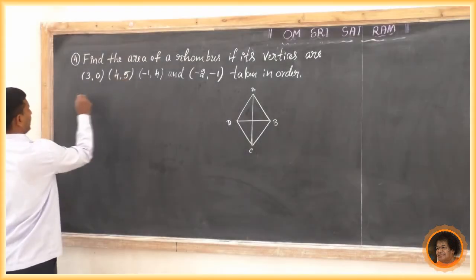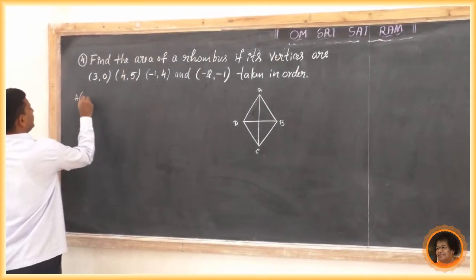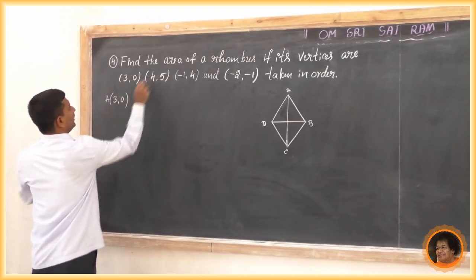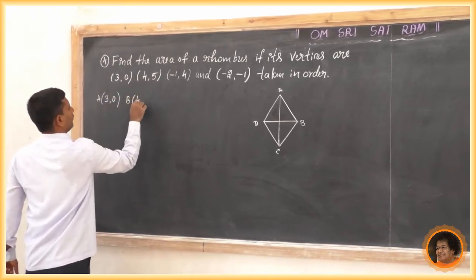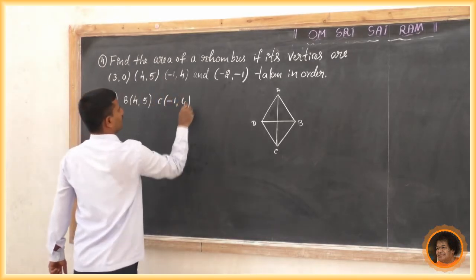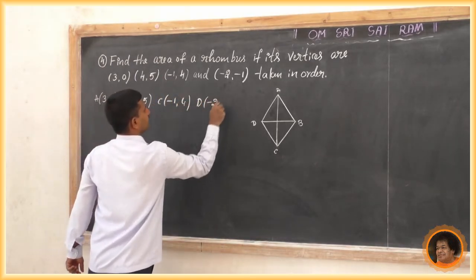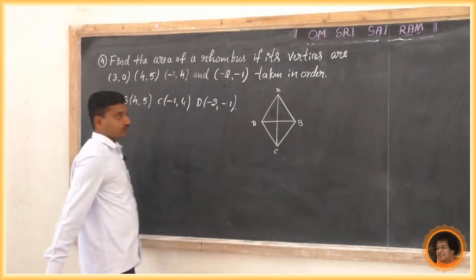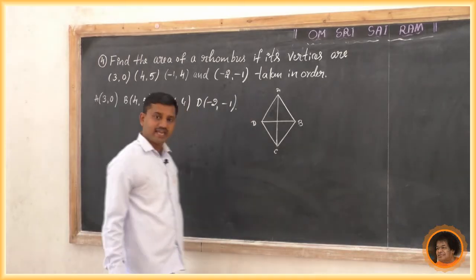Let the coordinate points be: point A is (3, 0), point B is (4, 5), point C is (minus 1, 4), and D is (minus 2, minus 1). So here AC and BD are the diagonals.